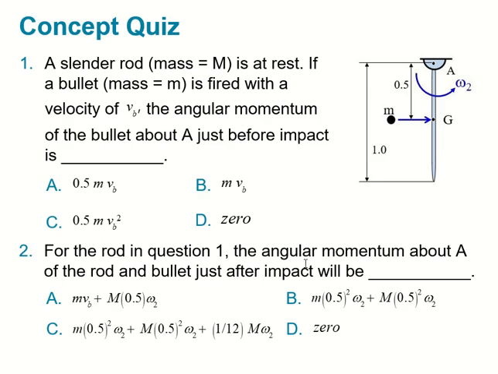And of course, we go into here. We look at this concept, because again, you have a slender rod with mass, at rest, and then you have a bullet that's fired with a velocity coming in. Angular momentum of that bullet about A, just before the impact.